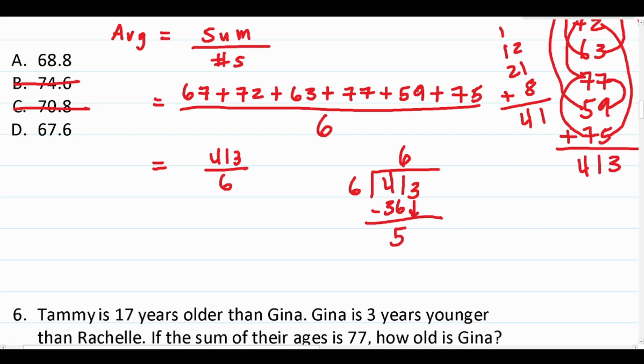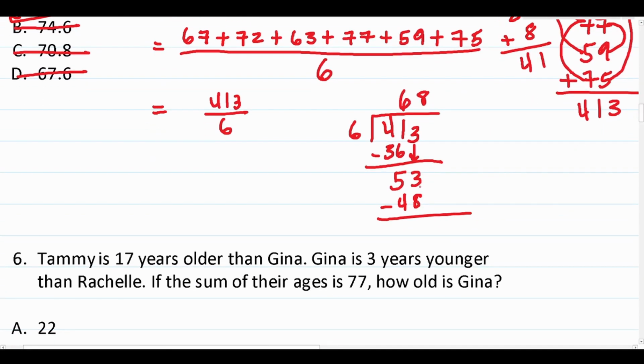And we can drop down this 3 now. 6 times 9 would be 54, which is too big, so we know this has to be 8. And 6 times 8 is going to be 48. Okay, and right now we know our answer is going to be 68 point something. So without doing any more work, you can say that the answer is A. That said, for practice, let's keep working this out.